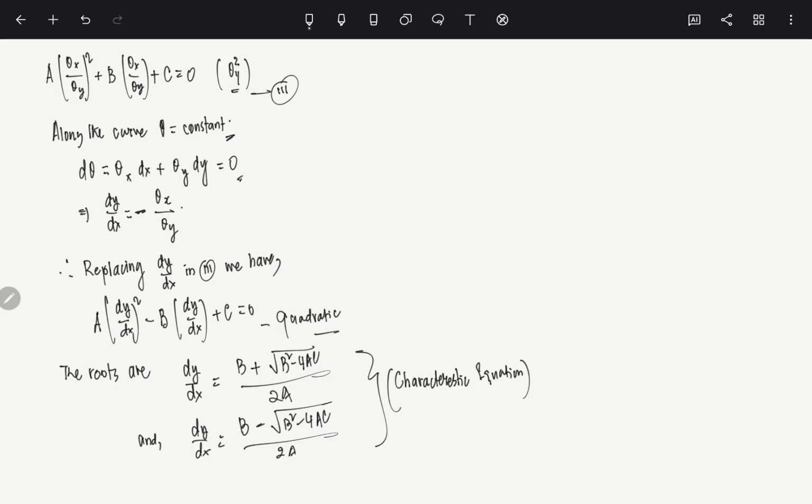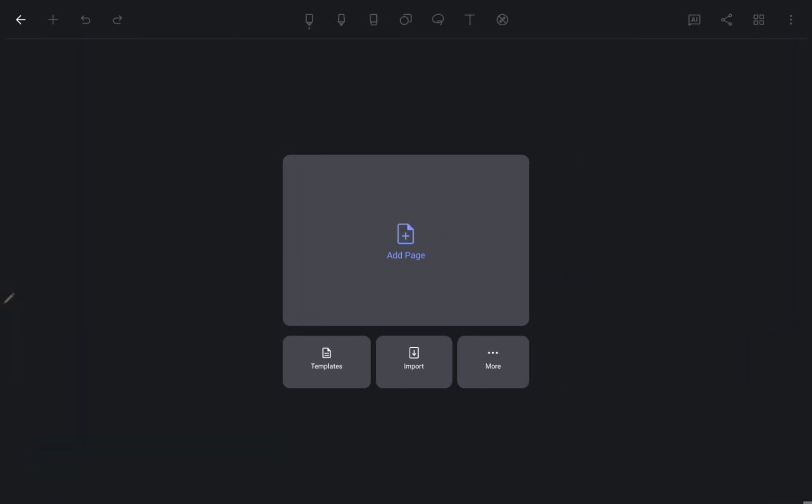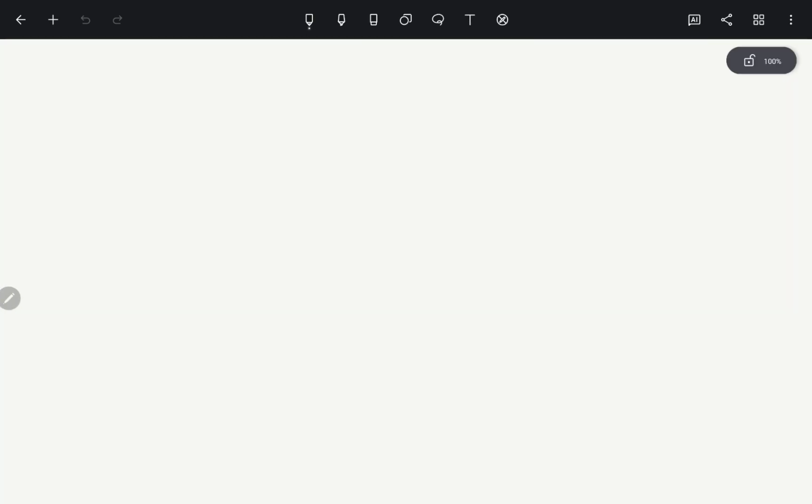And if you look at it, this is nothing but an ODE, right? These are the ODEs for a family of curves. So what does this ODE signify? This ODE signifies a family of curves.